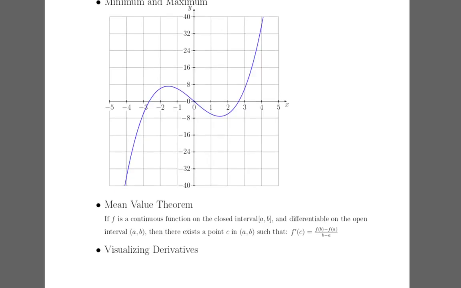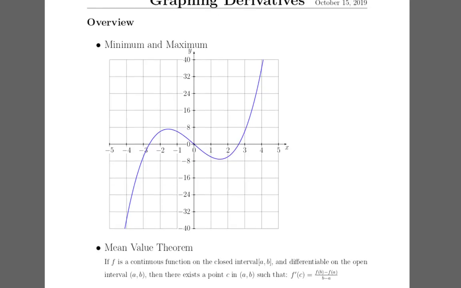We'll also cover the mean value theorem and what it means for derivatives and graphical representations of derivatives and functions. And then we'll go through a couple functions and visualize the function on the graph, see what the derivative of that function would look like, and further a second derivative, for example.